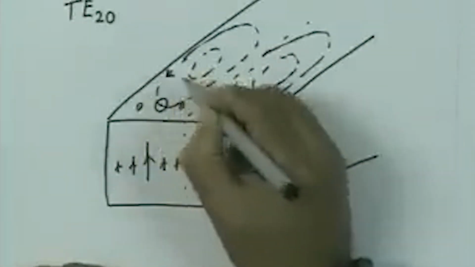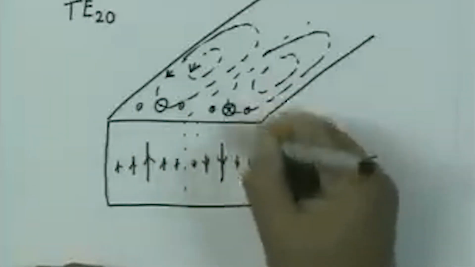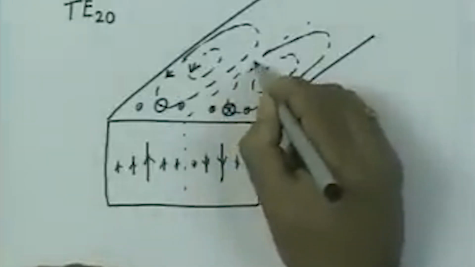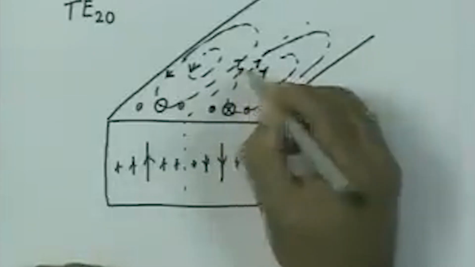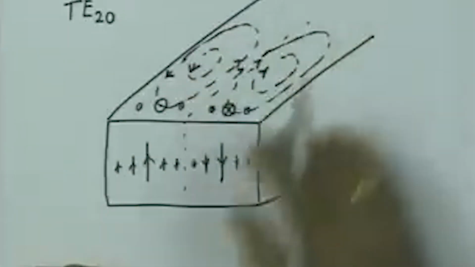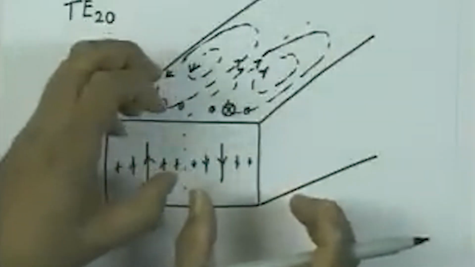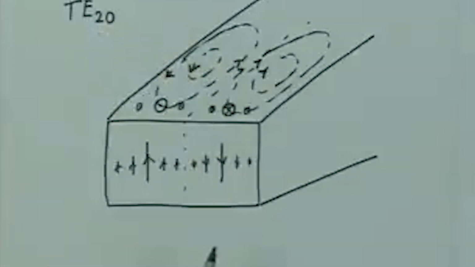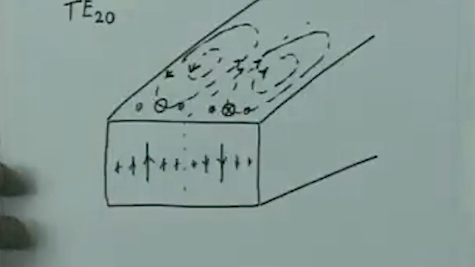So, this is the way the magnetic field will be oriented. For this section, since the direction of the electric field is reversed, the magnetic field direction is also reversed. So, here the field will be like this. In this region all the fields essentially go together. So, you will have 2 rolled carpets stacked next to each other in this waveguide for the TE20 mode.